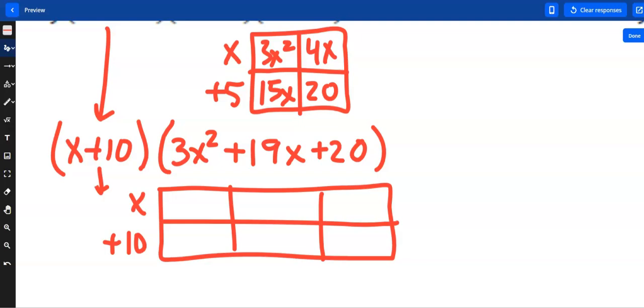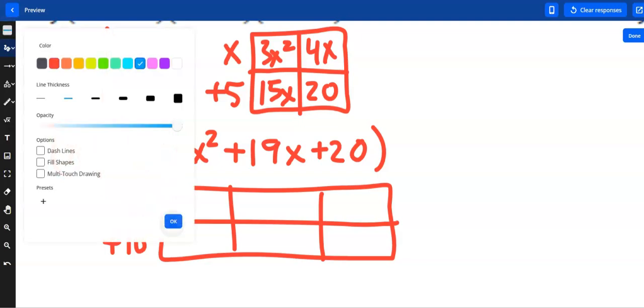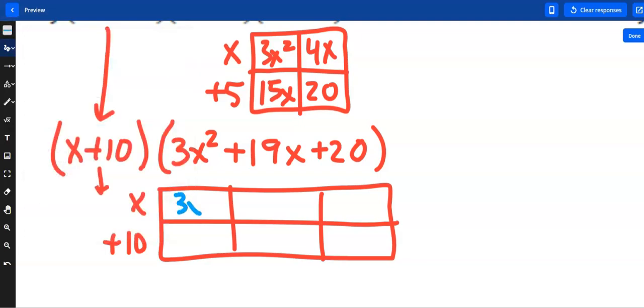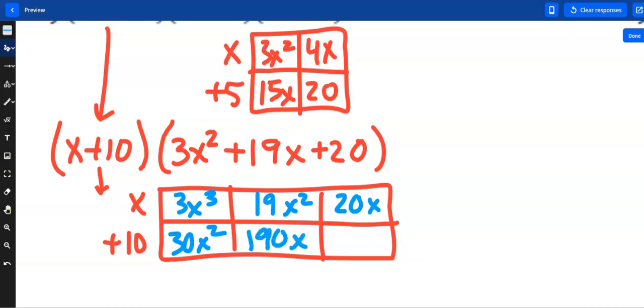And now I can match up everything inside that box, right? 3x cubed, 19x squared, 20x, 30x squared, 190x, and lastly, 200.